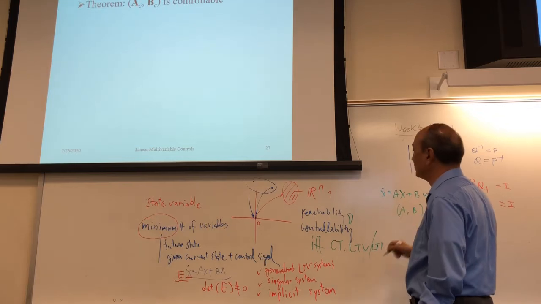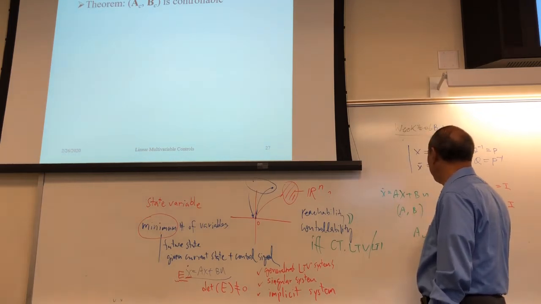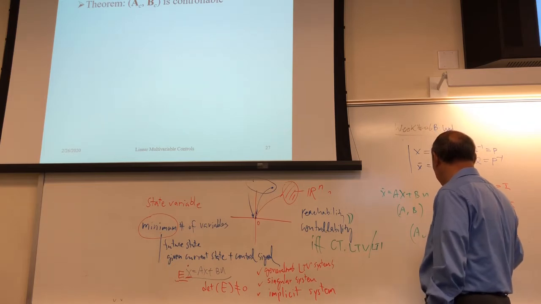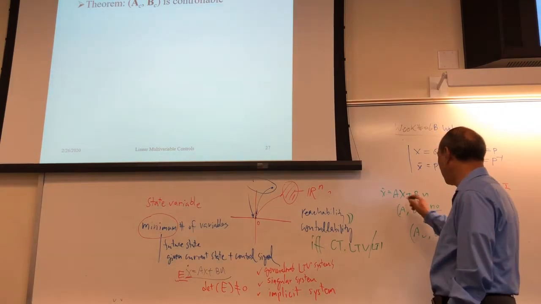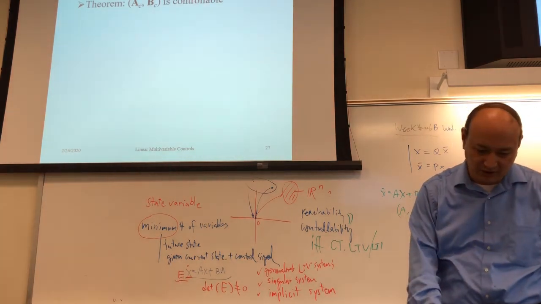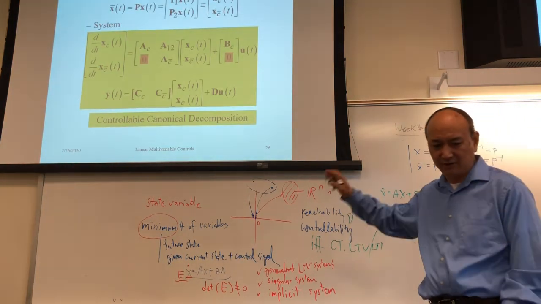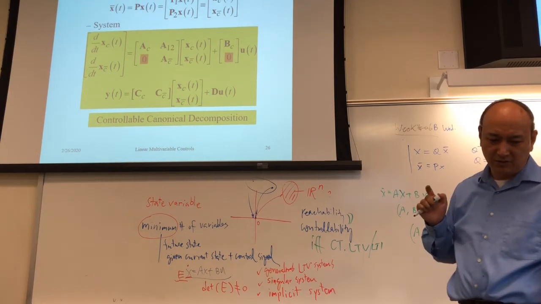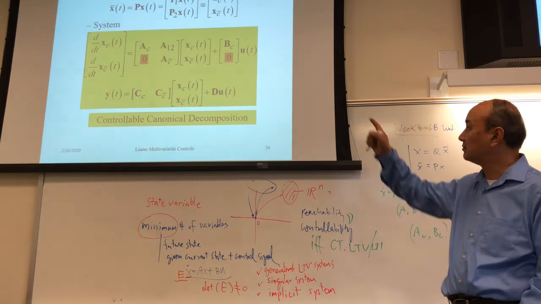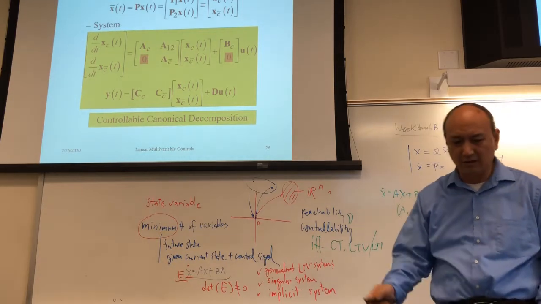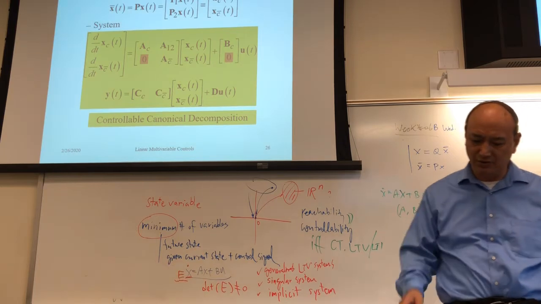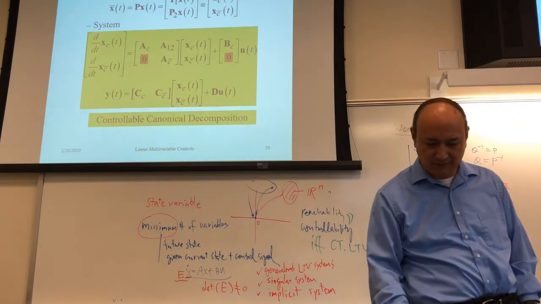The answer is no. But only AC, BC is. After I did the partition, the partition is written in this way. So you may wonder how I can come up with this P matrix here. How can I find the P matrix? I'm going to do some of that in a minute.